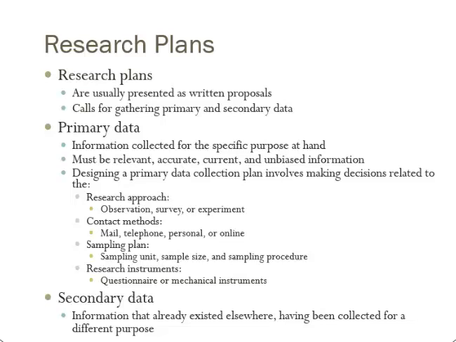If you have a focus group, it shouldn't be people who are relevant to your company, who have some kind of predisposition. Designing primary data collection includes observation, survey, or experiment: seeing how people react to your product, asking your focus group about the product you're showing them, by mail, telephone, personal contact, or online.